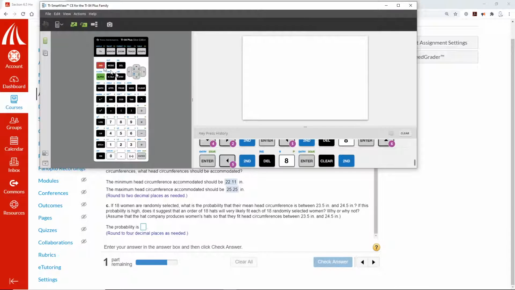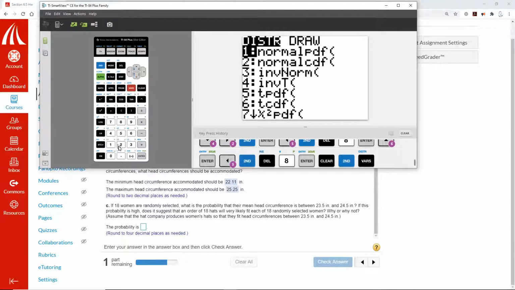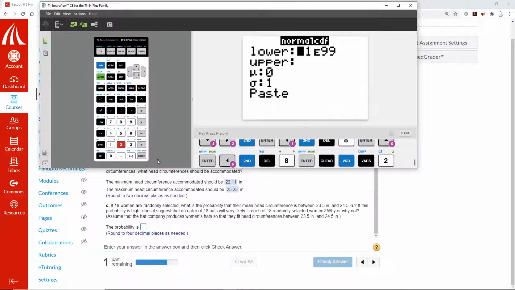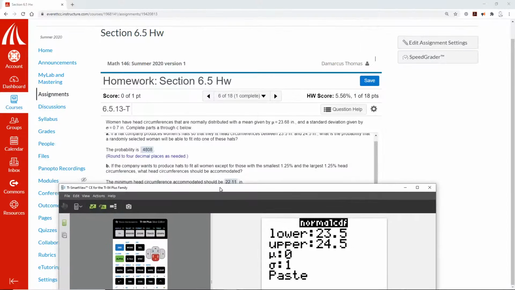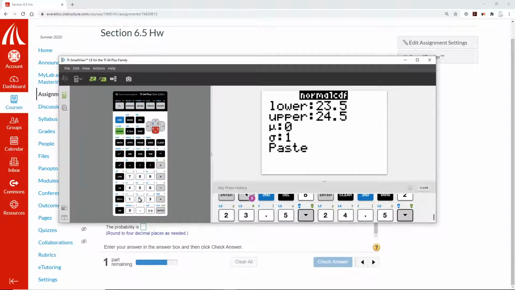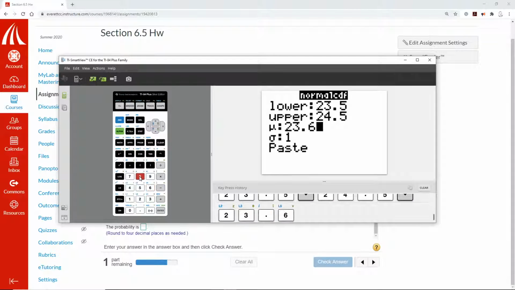So I'm going to go into second distribute, normal CDF. My lower bound is 23.5. My upper bound is 24.5. The mean is 23.68. But the standard deviation is not just 0.7 anymore.